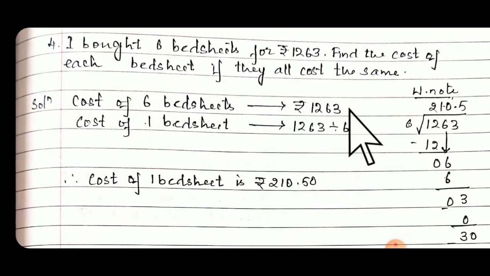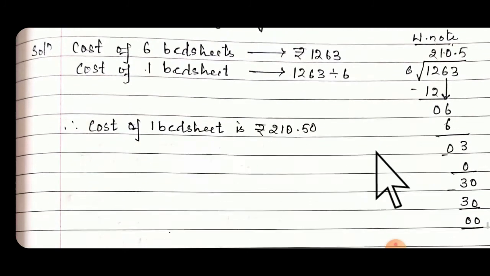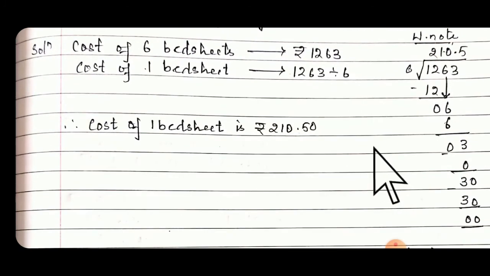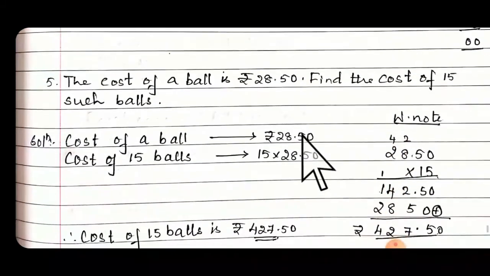Cost of 6 bed sheets, 1263. Cost of 1 bed sheet means rupees 1263 divided by 6. Do the regular division. So it will be rupees 210.50 paise.